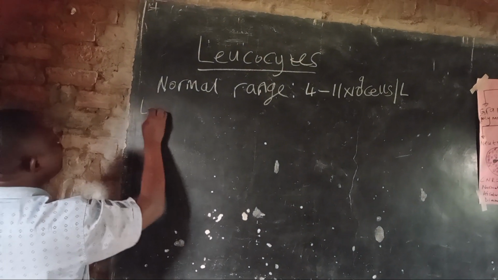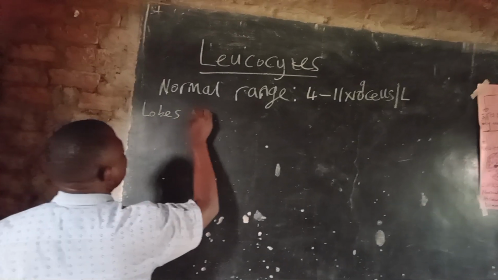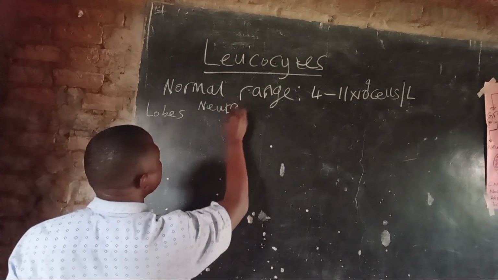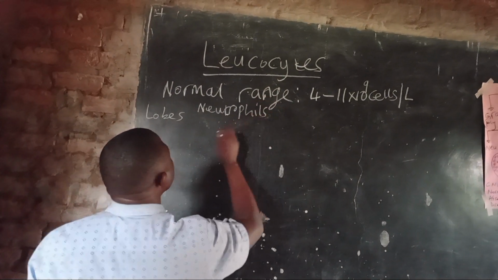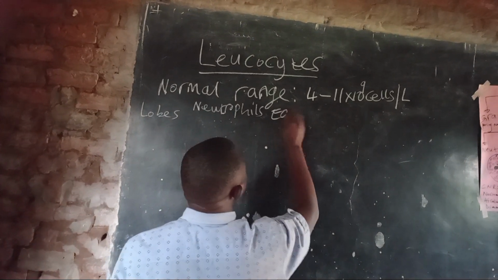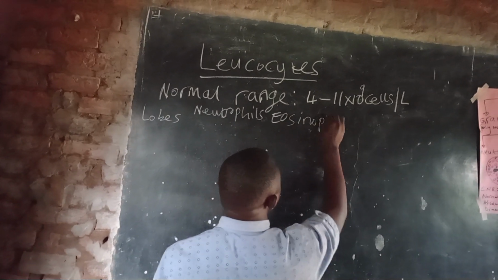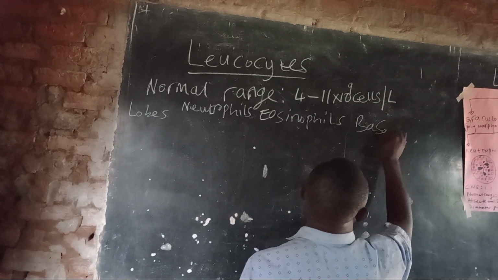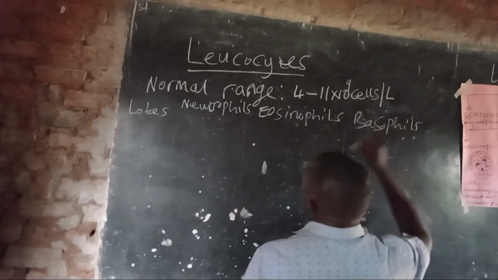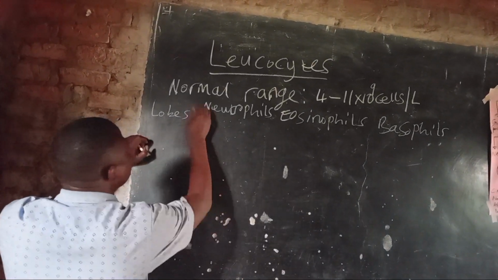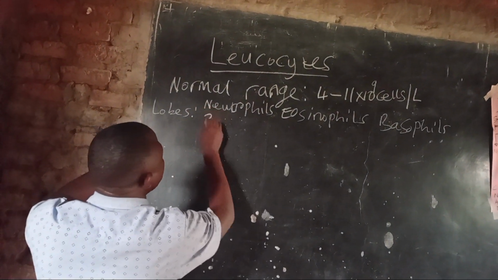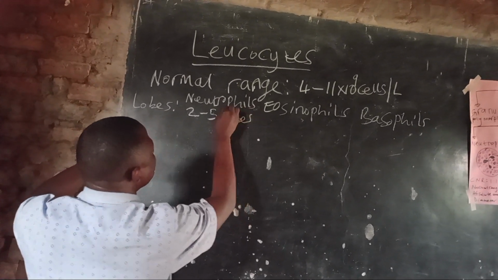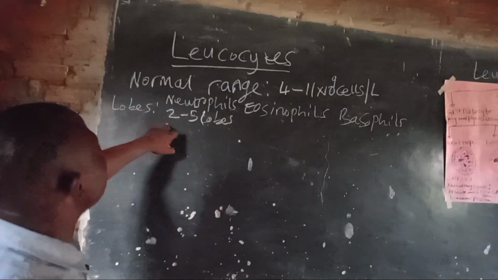So when we look at the lobes: neutrophils, eosinophils, basophils. Now the lobes here, there are 2 to 5 lobes. Here we have 2 to 5 lobes in the neutrophil.